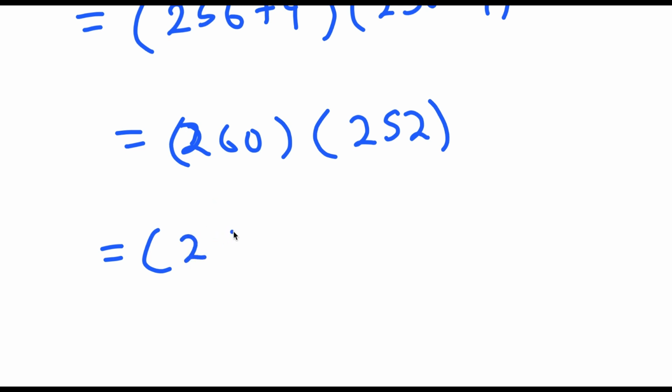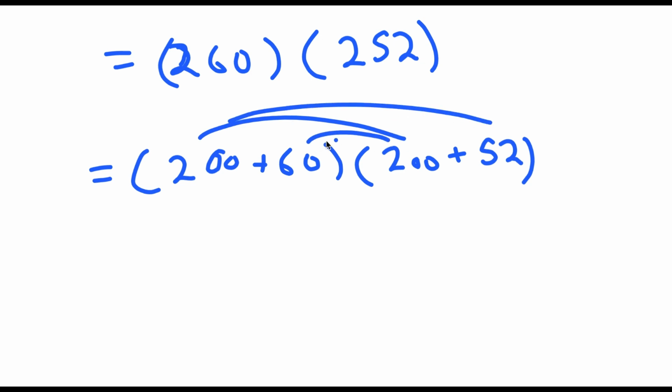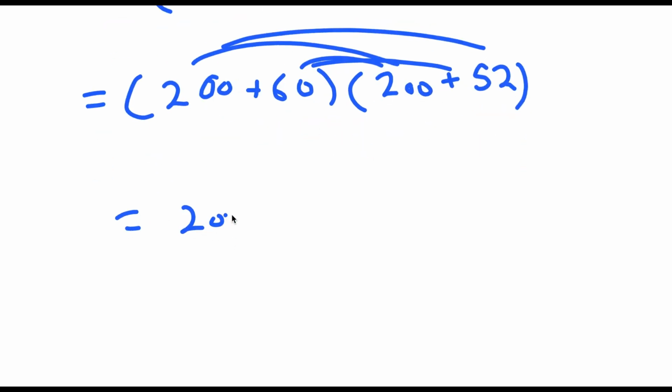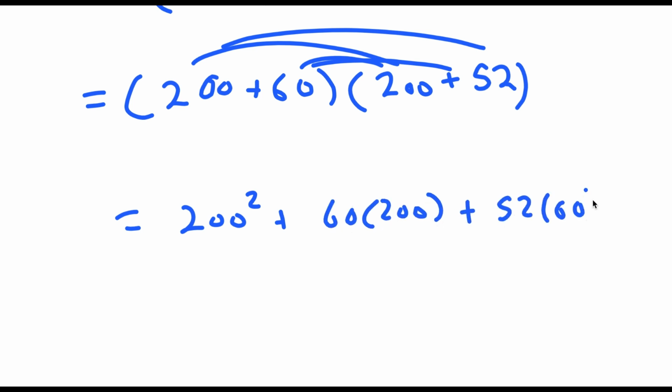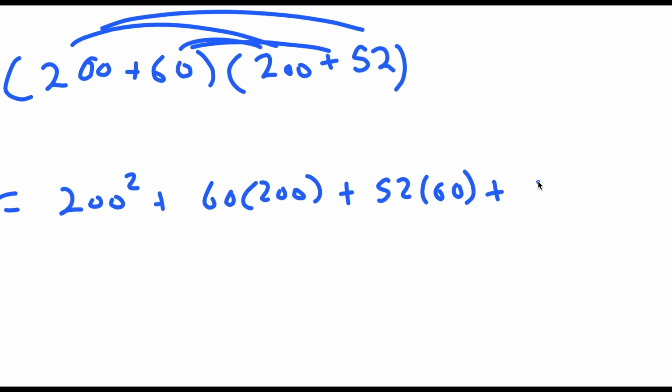Now 260 I can rewrite as 200 plus 60. 252 I can rewrite as 200 plus 52. So now if I distribute here, I get 200 squared plus 60 times 200 plus 52 times 60 plus 200 times 52.